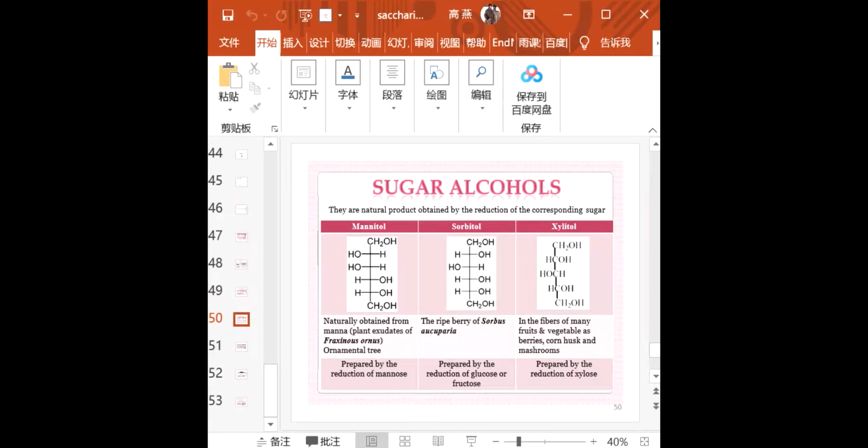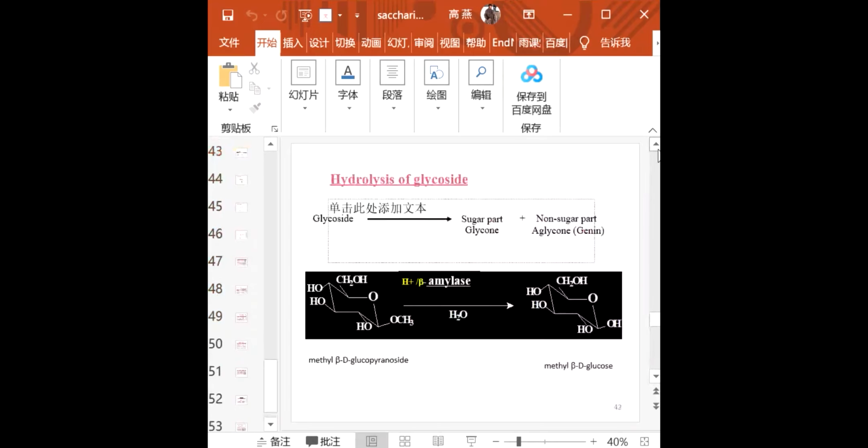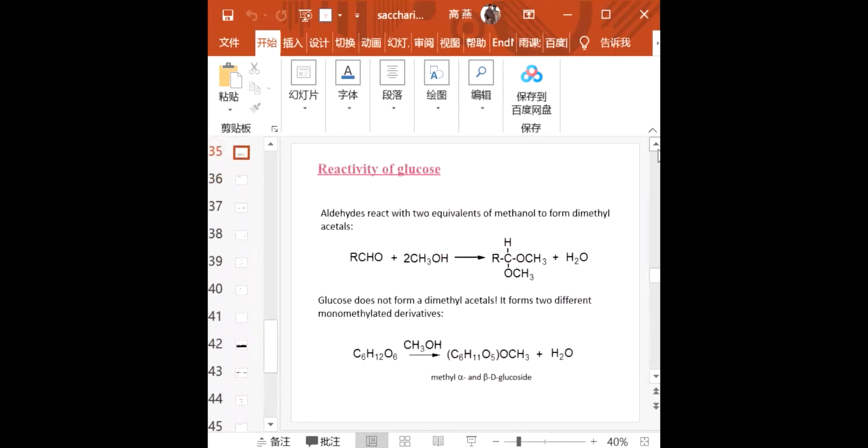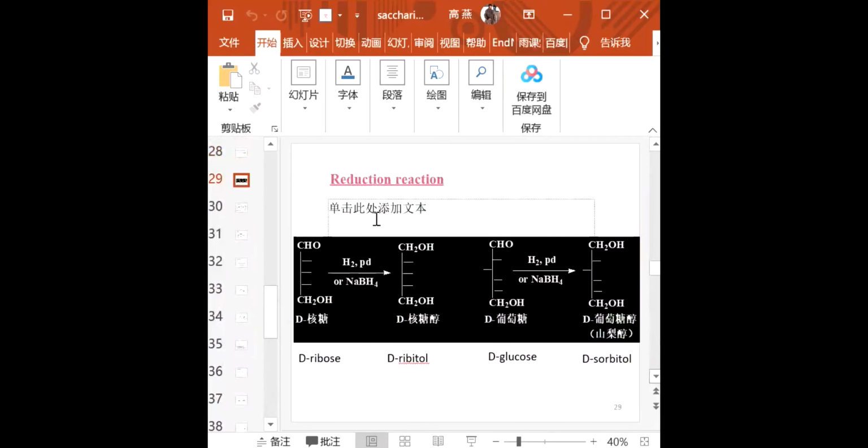Like we talked about in the chemistry of monosaccharide, it's from reduction of the corresponding sugar, right? Remember? We go back here. Remember here, right? So this is sugar, and this is their corresponding sugar alcohol.